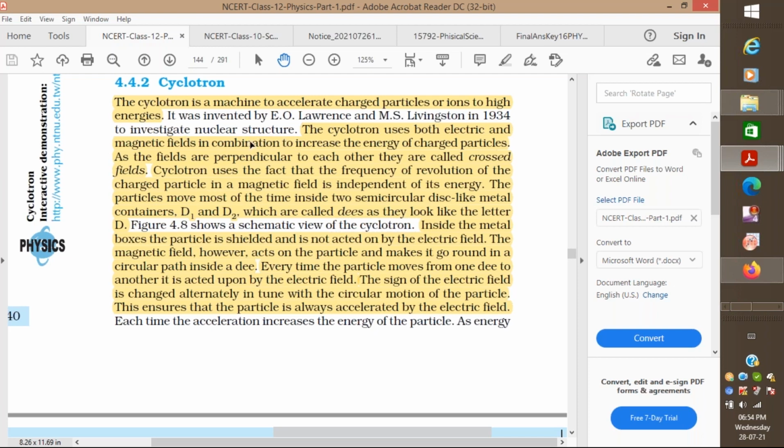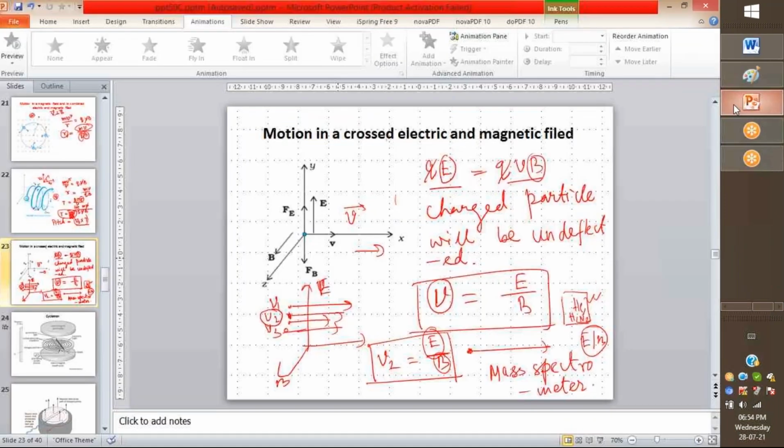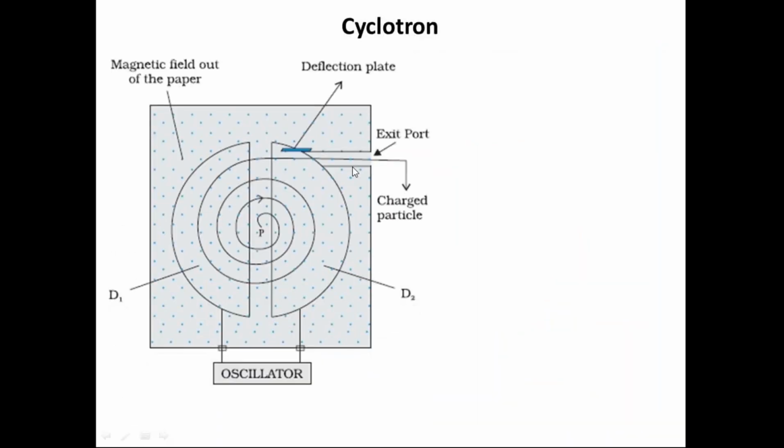Now, we'll first see the structure or the construction of this cyclotron, then we'll go to the real physics of what is happening in it. Look here, both electric and magnetic fields, as I told you, a cross electric and magnetic field, is being used.